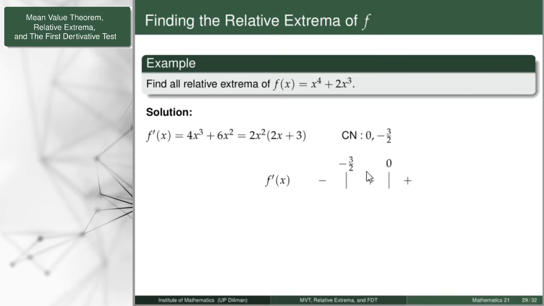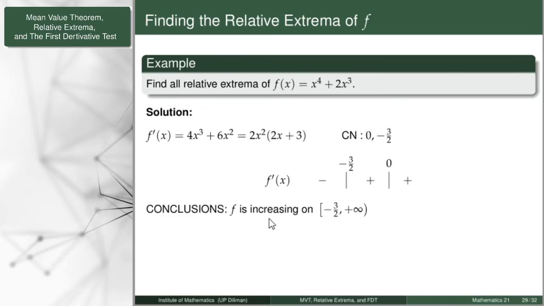Of course, you can just continue. For example, to get the sign plus here, I just get a number between negative 3/2 and 0, which is negative 1. Negative 1 squared will be positive, so this becomes a positive number. 2 times negative 1 plus 3 is a positive number, and thus giving you the positive. You can also get plus here similarly. And what you obtain will be a table of signs.